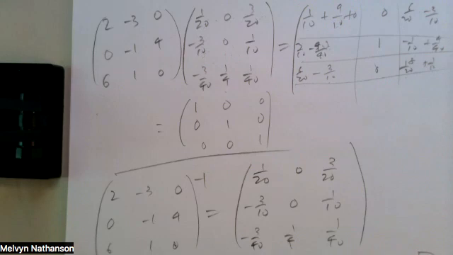So in order to understand why this works, we have to think a little bit harder about what it means to put a matrix in reduced row echelon form.